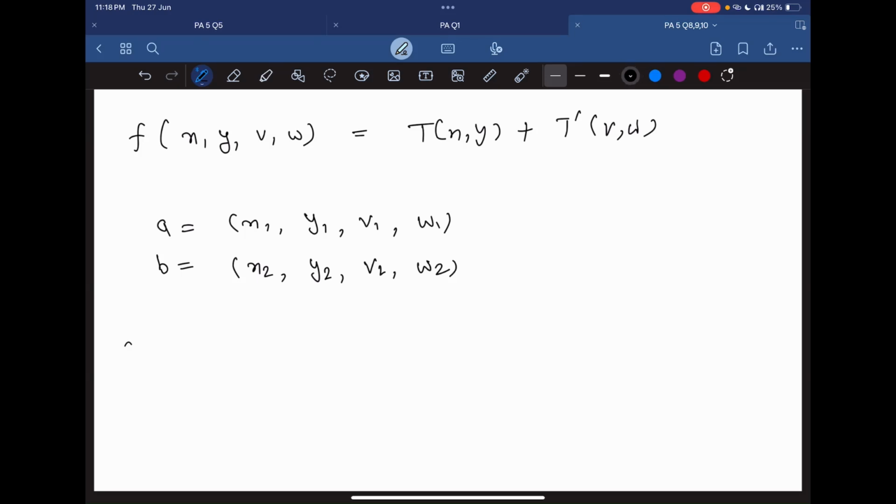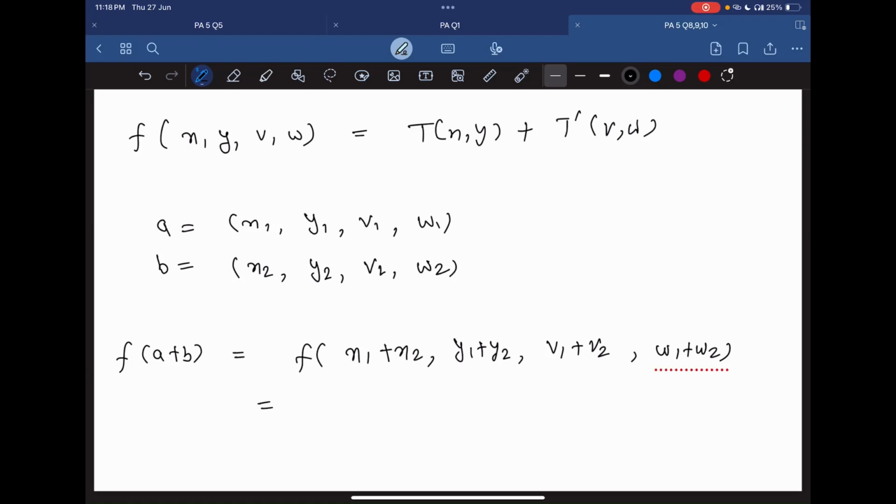So f of A plus B. So if we evaluate that, f of x1 plus x2 comma y1 plus y2 comma v1 plus v2 comma w1 plus w2, and this would be T of x1 plus x2 comma y1 plus y2 plus T dash of v1 plus v2 comma w1 plus w2.